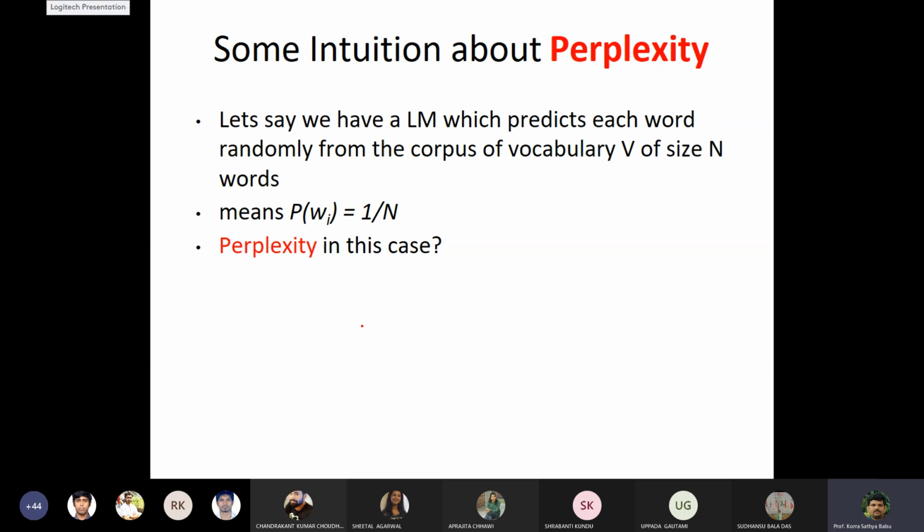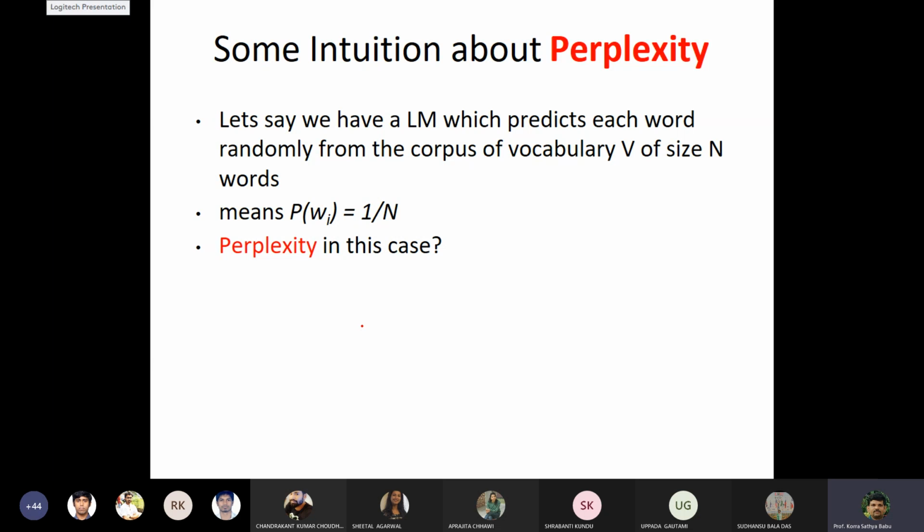Let's say we have a language model which predicts each word randomly from a vocabulary V of n words. It means that the probability of Wi is 1 by n. What is the perplexity in this case?